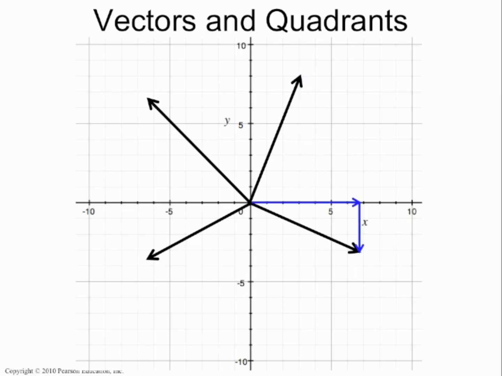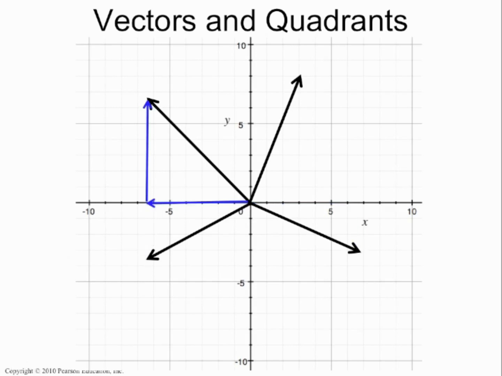Now, let's look at a quadrant 4 vector. In quadrant 4, the horizontal component is positive, but the vertical component is negative. In quadrant 3, the horizontal component is negative, and the vertical component is negative.